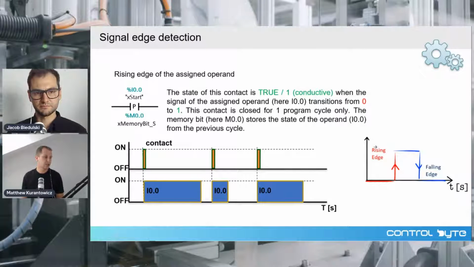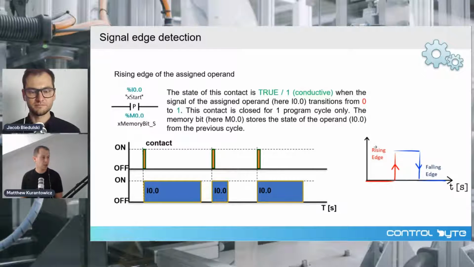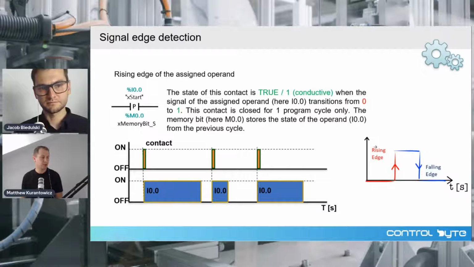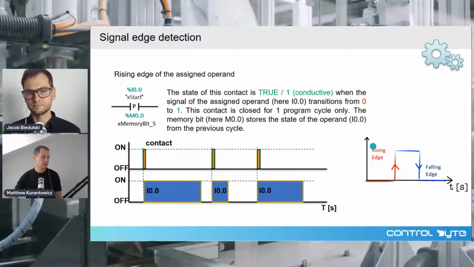We have here signal edge detection, and here we have the rising edge of the assigned operand. And look at that. Here we have a simple contact symbol marked with the letter P, and we detect the rising edge of the signal thanks to that.